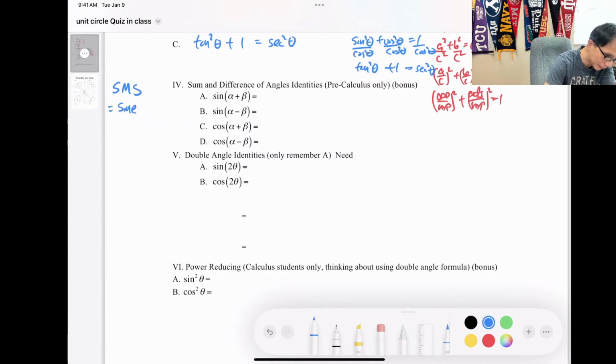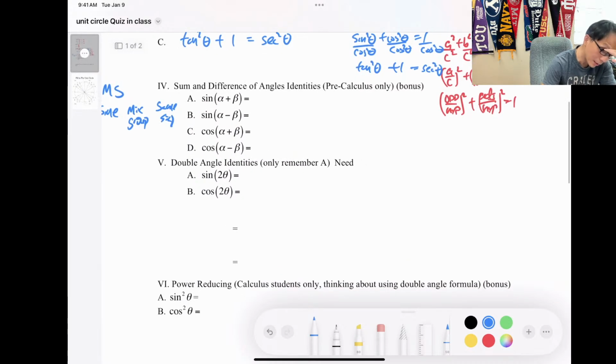Sign, mixed group, and the same sign. So in this case, if it's a mixed group between sine and cosine, I'm going to write in this order: sine, cosine, cosine, sine. And I'm just going to write A, B, A, B. See, they are completely mixed, and they are the same sign, so it's going to be positive. Is that okay?